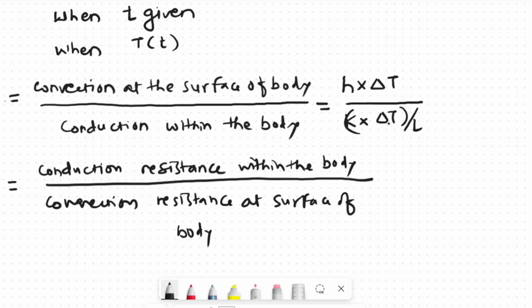So if we rewrite this equation, this delta T will get cancelled out. So I can say that it is equal to h upon k by L.